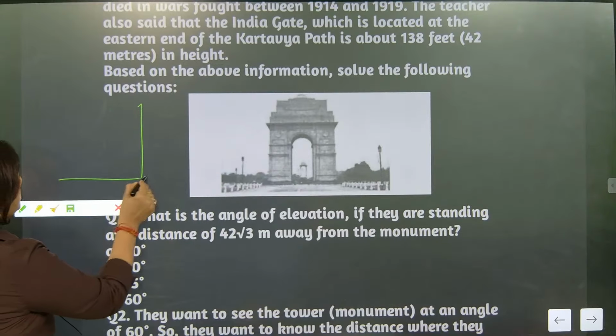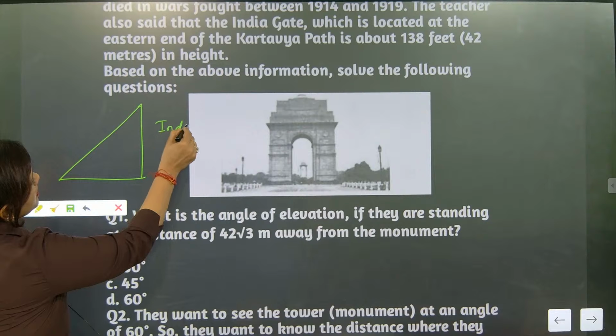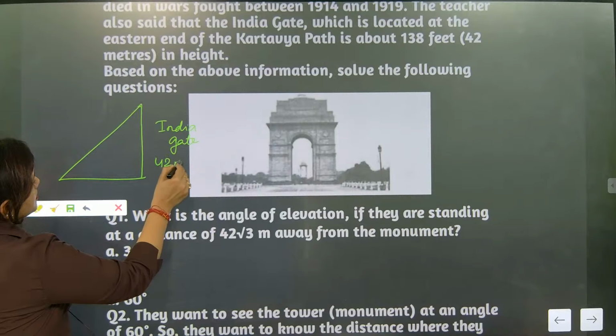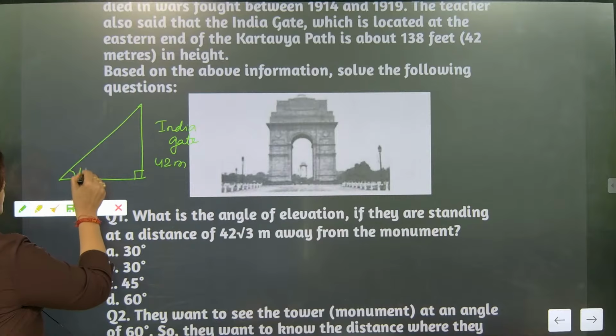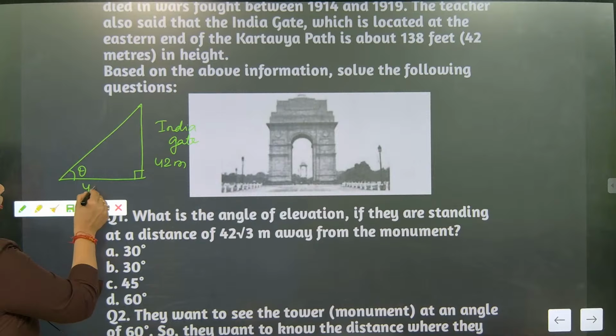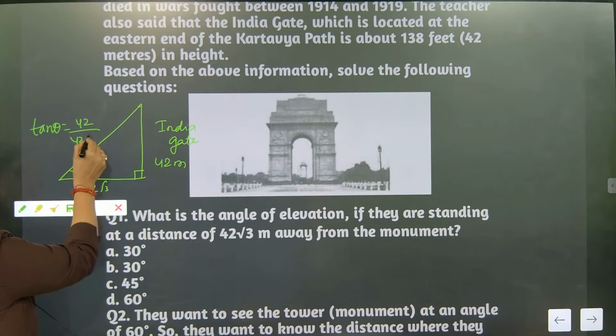So here what is exactly given? India Gate height is 42 meters, and they're standing at a distance of 42 root 3. So tan theta is equal to 42 by 42 root 3.